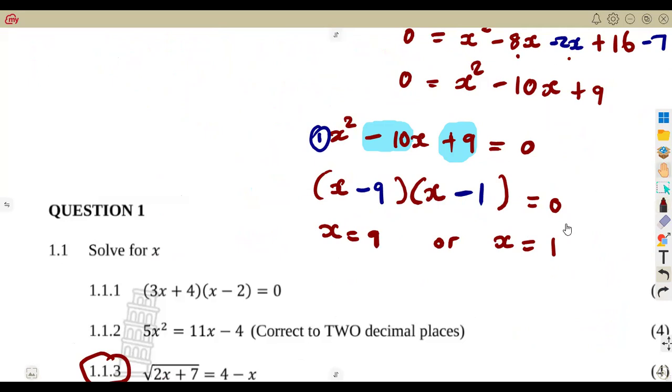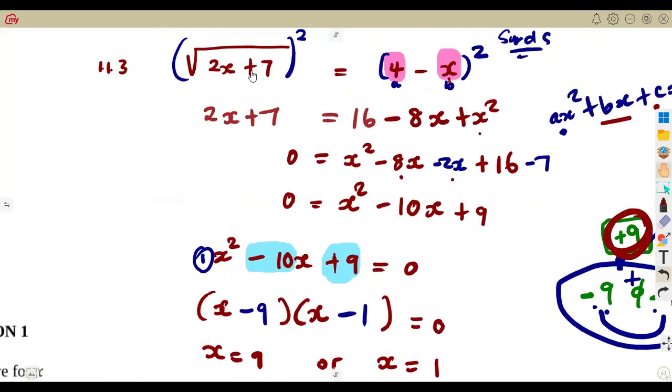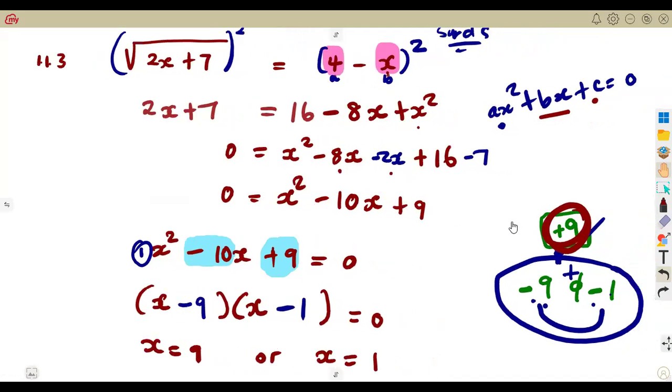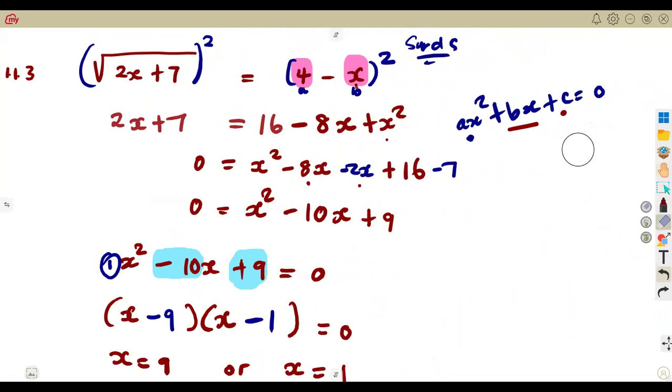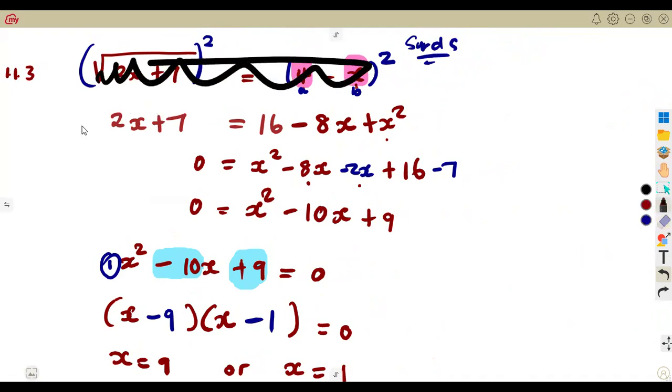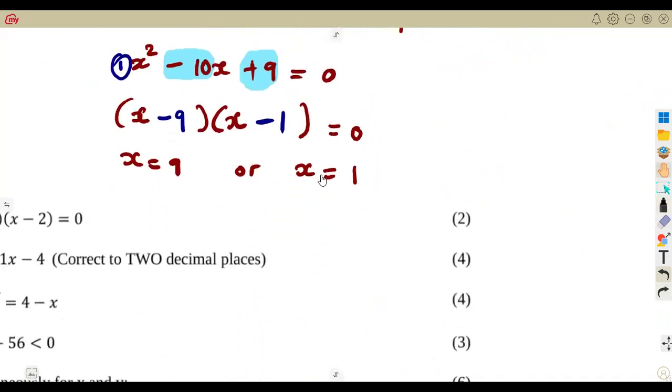These are equations under square roots, so we must test the values of x to see if they satisfy the conditions that we were given on the square roots. Are these conditions satisfied originally by these values of x?